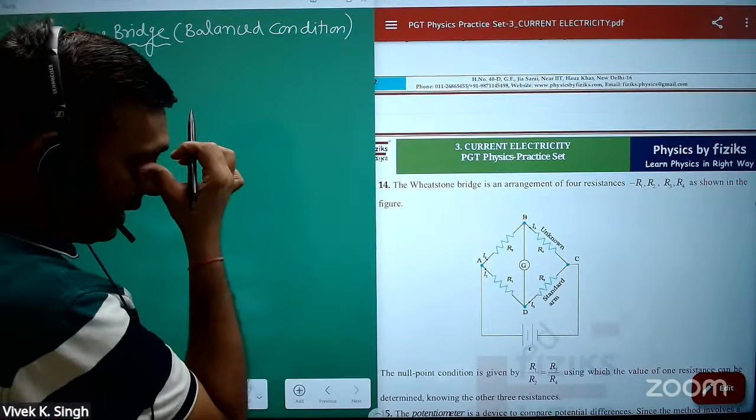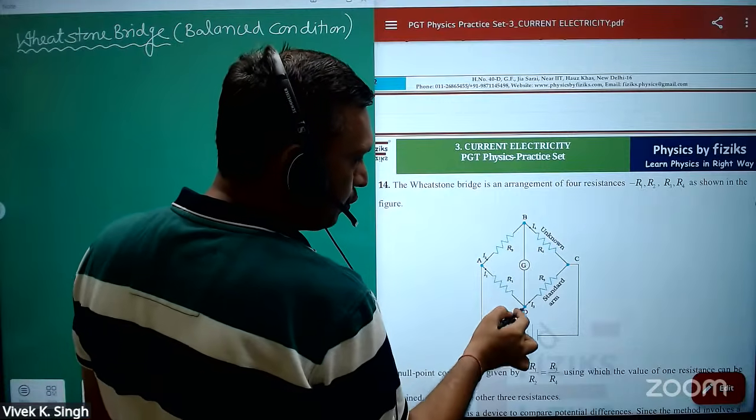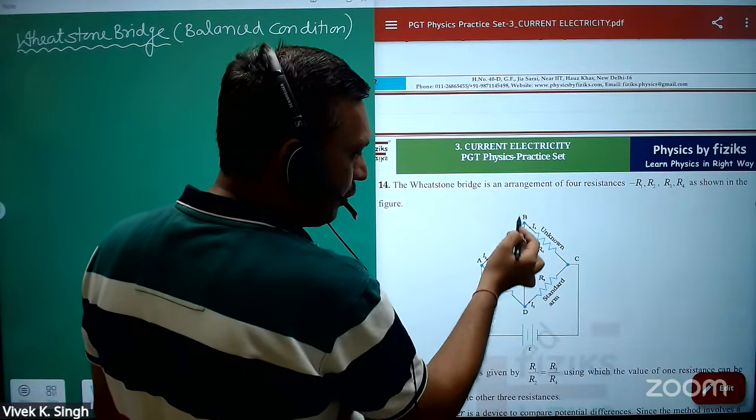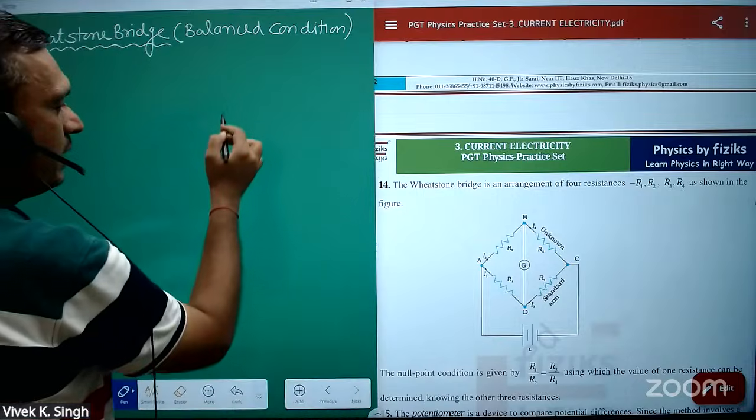In the balanced condition, no current will flow through the galvanometer. So what will be the balanced condition? Let's see.